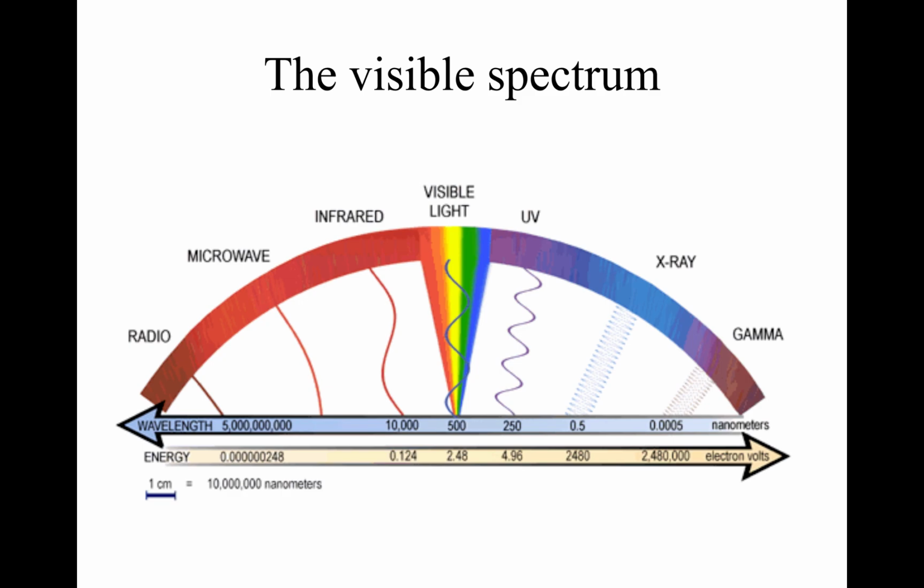Here's just a quick glance at the light spectrum. We've got all sorts of light here: radio, microwave, infrared, UV, X-ray, gamma. These all sound like scientific terms. Maybe they show up in movies or whatnot. We have ways of seeing these frequencies of light, but we have to use special tools to do that.